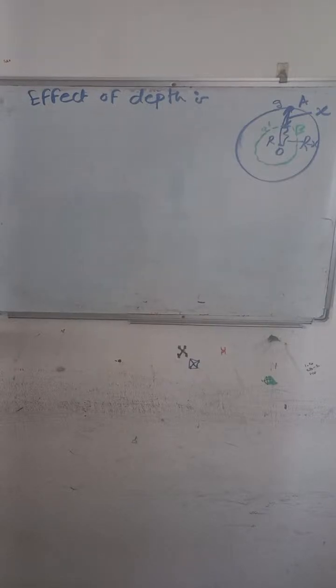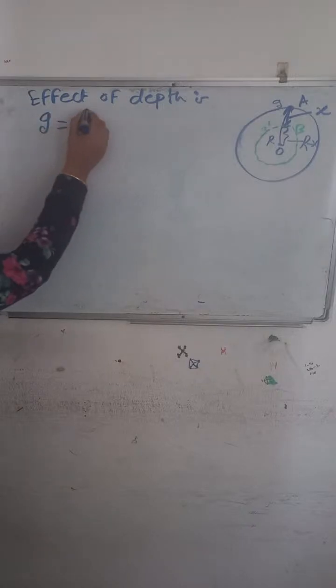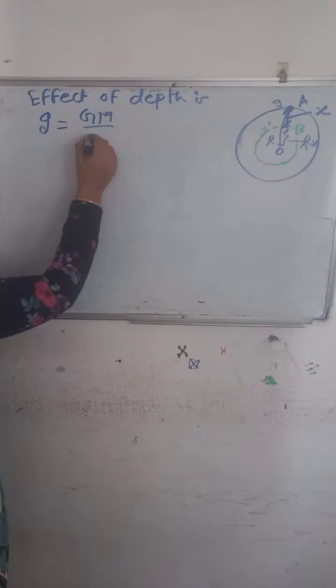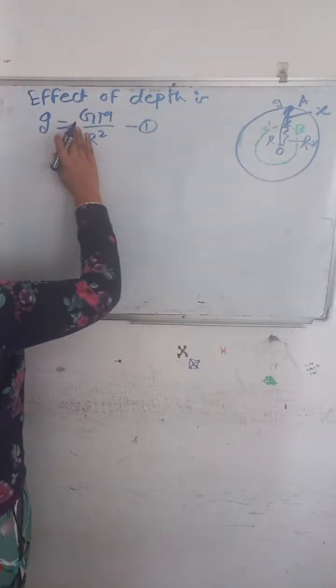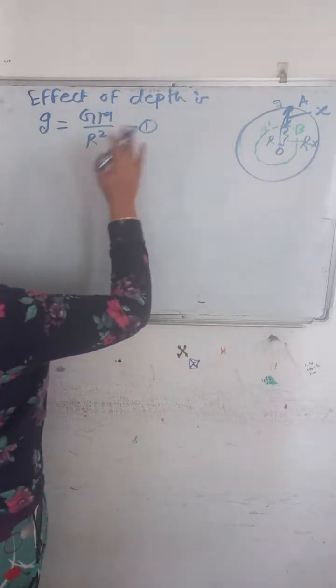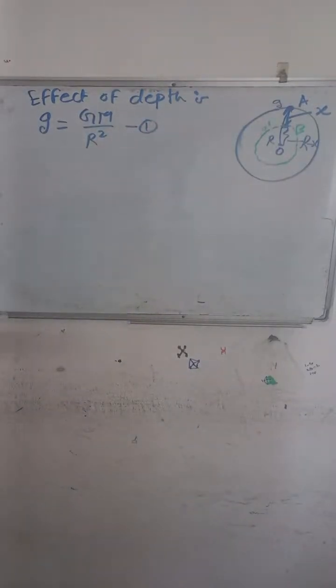Now when the body is at A, we know that the acceleration due to gravity g is GM upon R square, where M is the mass of the earth, G is the gravitational constant, and R is the radius of the earth. And suppose rho is the density of the earth.